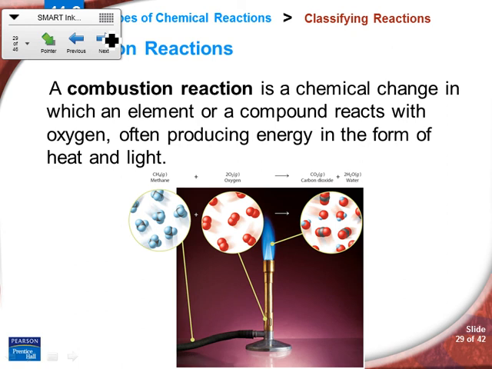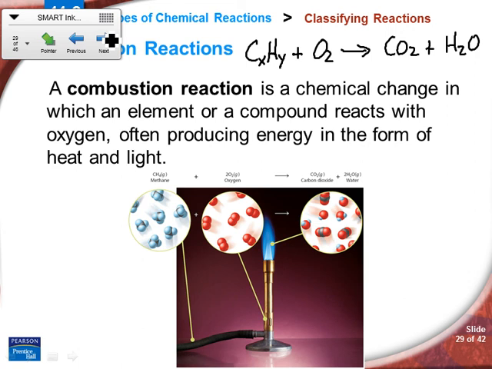So our general form of the equation here is going to be CxHy plus O2 gives you CO2 plus H2O. The CxHy just means you can insert whatever carbon-hydrogen compound you want right here.